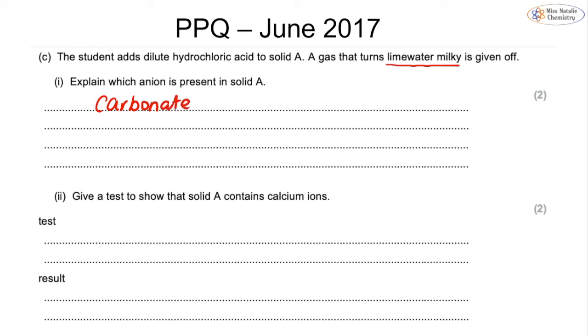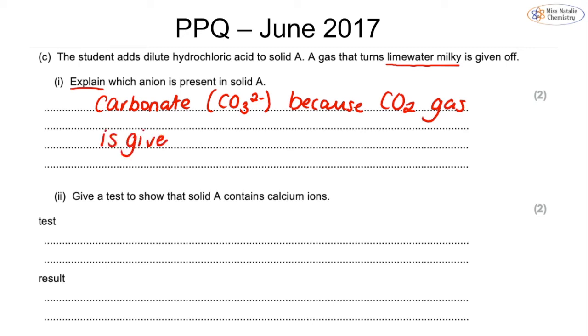So we know that a carbonate ion, or CO3 2-, is present because, remember it is an explain question, so we should be saying because carbon dioxide gas is given off when acid is added. Okay, and that's for 2 marks. Note that what we said before, we have the reagent, the gas that's being given off, and the test. We have all of that information in either the question or in the answer.